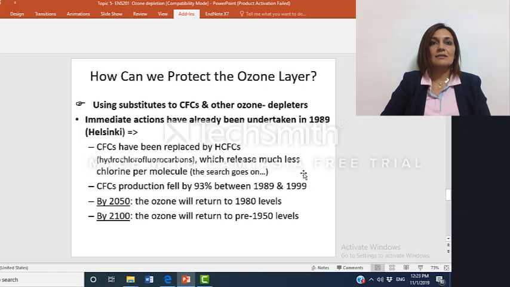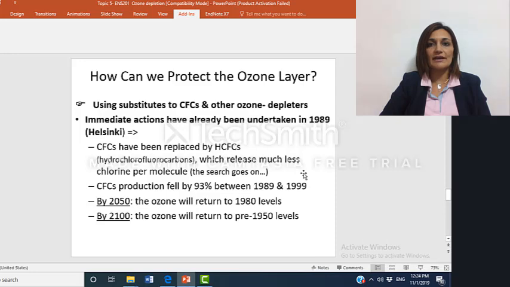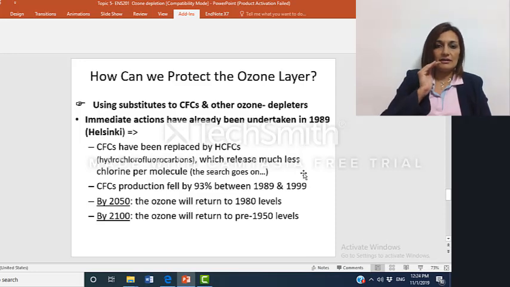There are different summits taking place in order to phase out the use of these ozone depleters, by banning their use or by replacing them. For example, CFC have been replaced by HCFC. HCFC is less stable, and a lot of countries are working on setting certain thresholds to lower the levels.